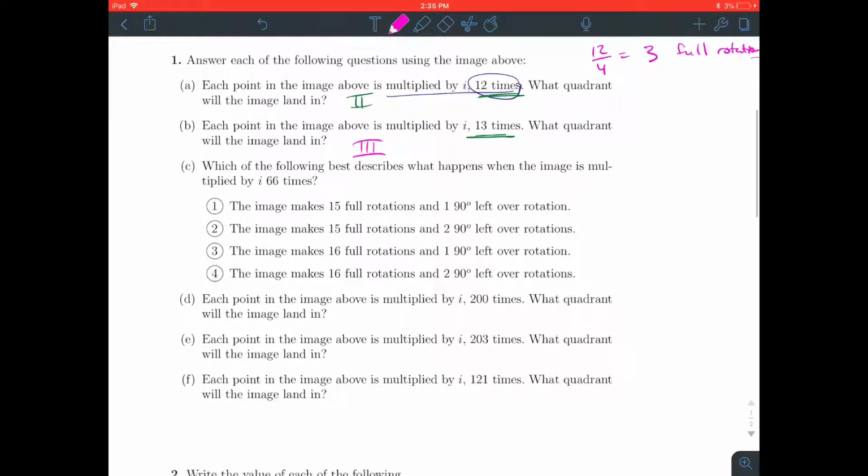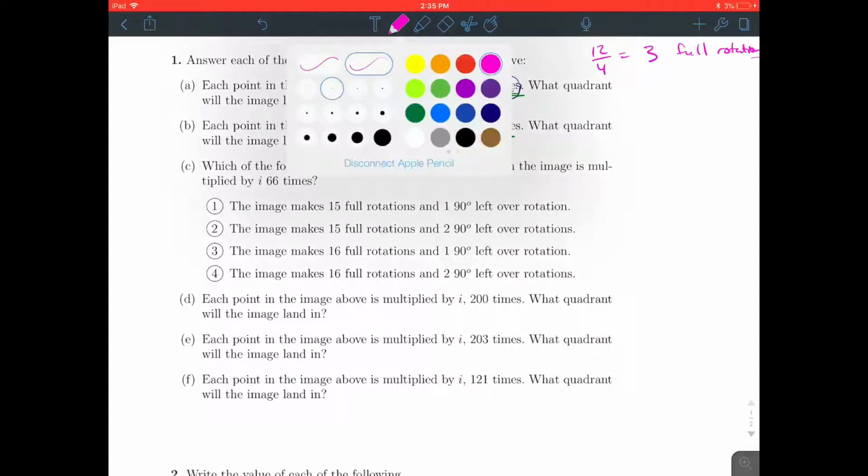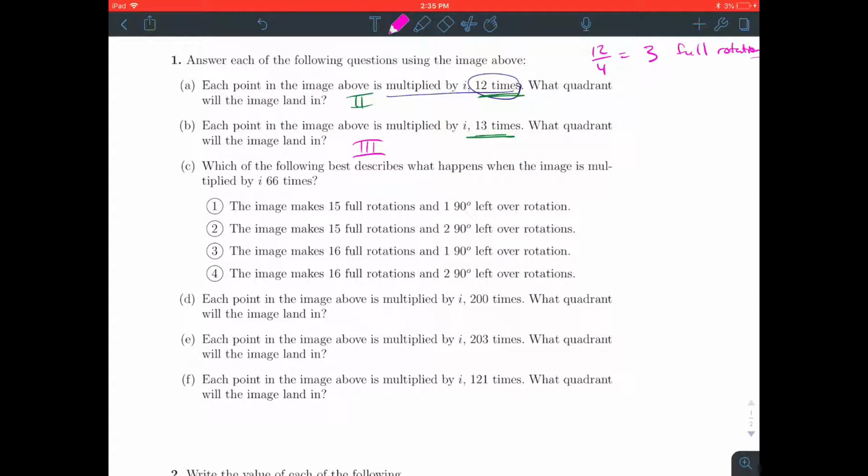Which of the following best describes what happens when the image is multiplied by i 66 times? So for 66 times, what we can think about is, because 4 rotations makes a full 360-degree rotation, we could say 66 divided by 4 is equal to 16.5.